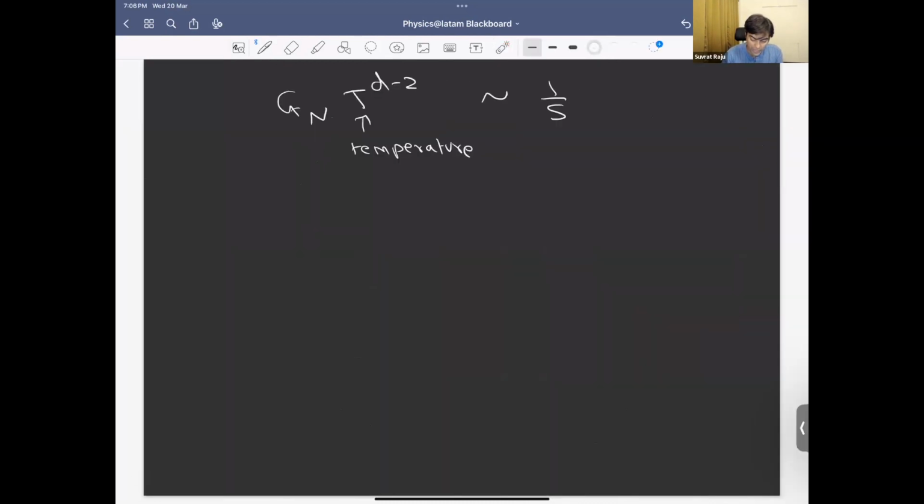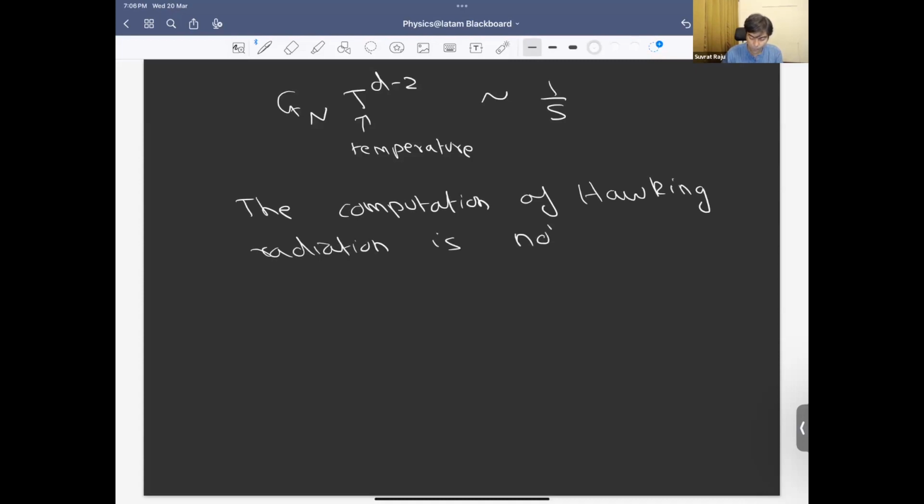So the bottom line, and this is something to remember, is that the computation of Hawking radiation is not precise enough to lead to a paradox.